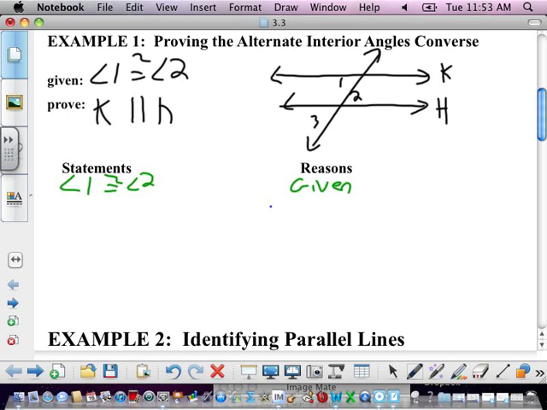What do we call that? Okay. What else? If 1 is congruent to 2 and 2 is congruent to 3, then 1 is congruent to 3 by what? Transitive, good.